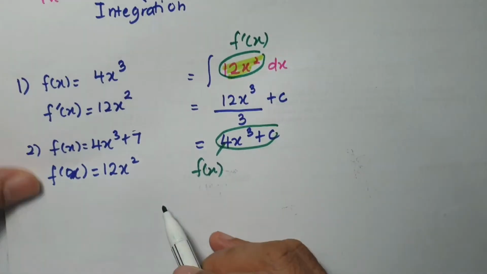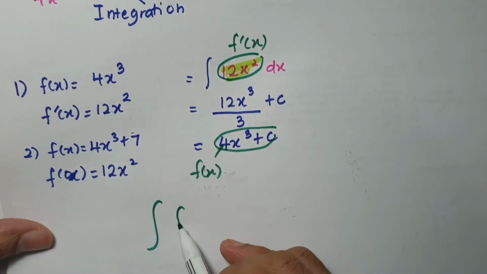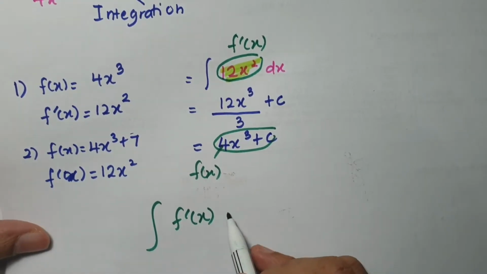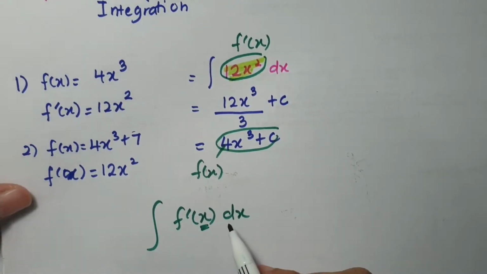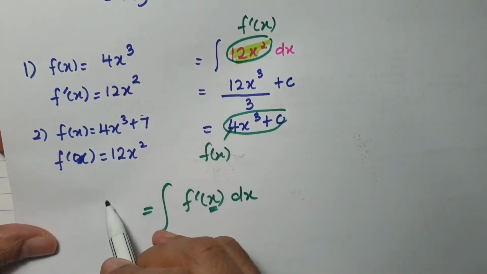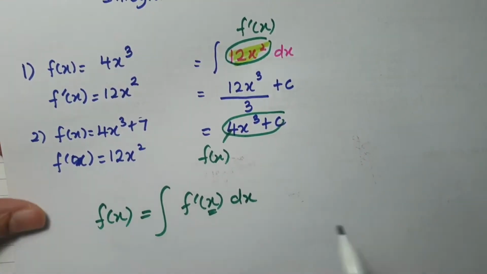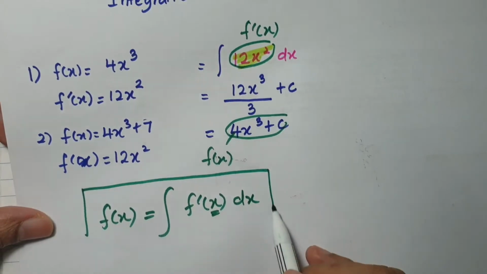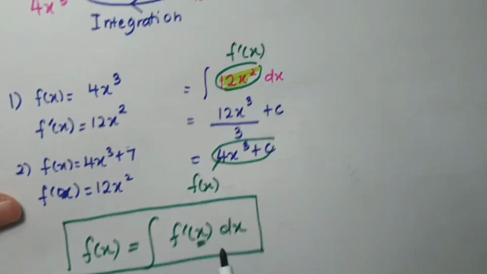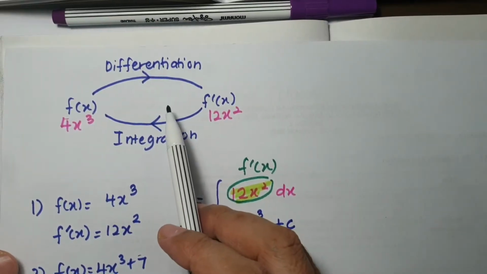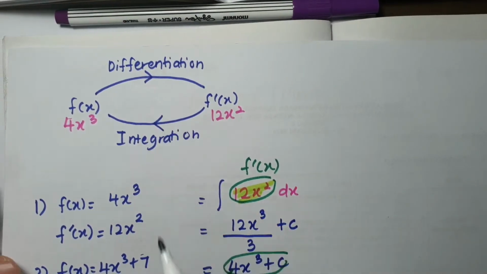So we can write integration of f prime x with respect to x. Since this is in terms of x, the result is fx. Here we apply this concept: integration is the reverse process of differentiation.